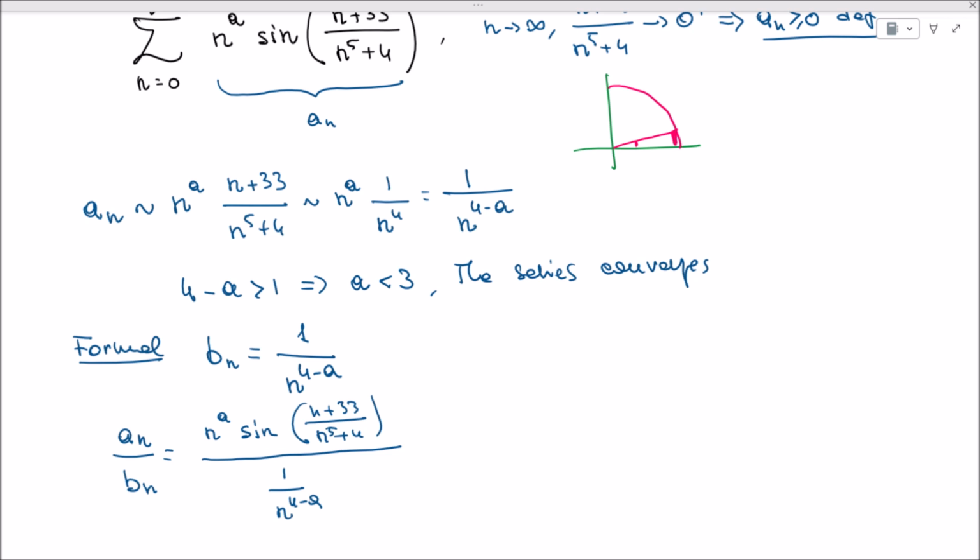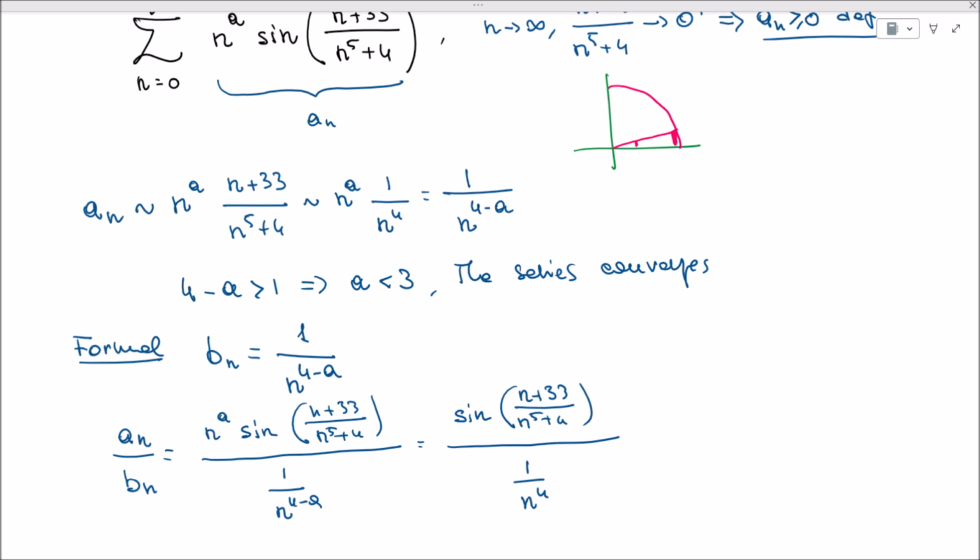Of course this is just like saying the sine of (n plus 33) divided by (n to the fifth plus 4), divided by, if we simplify n to the a, just 1 divided by n to the 4.